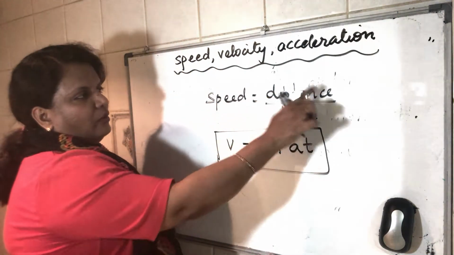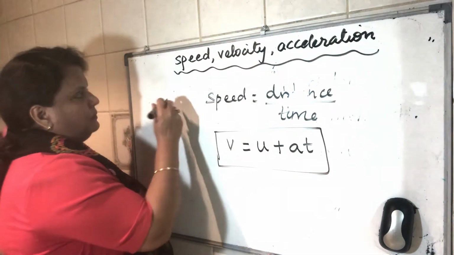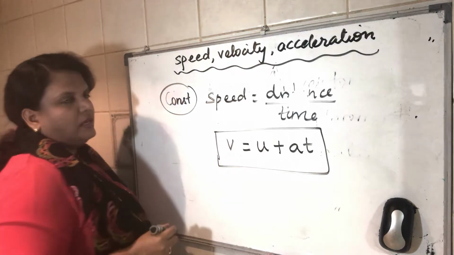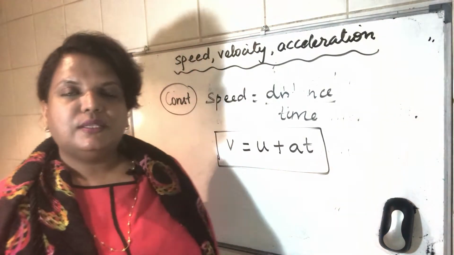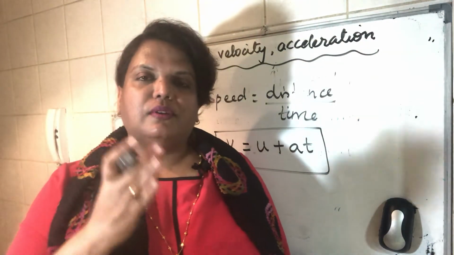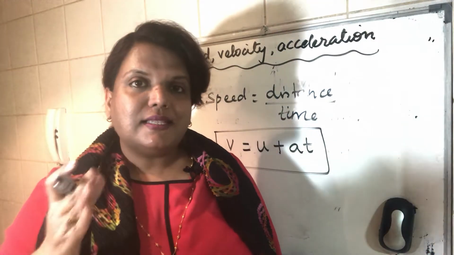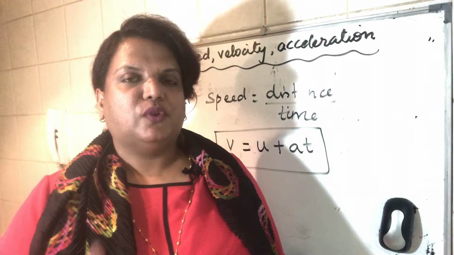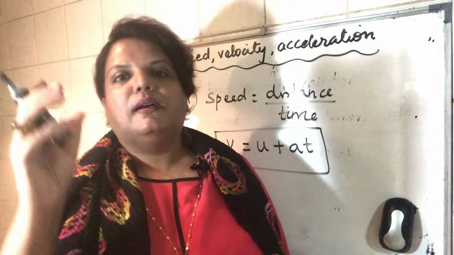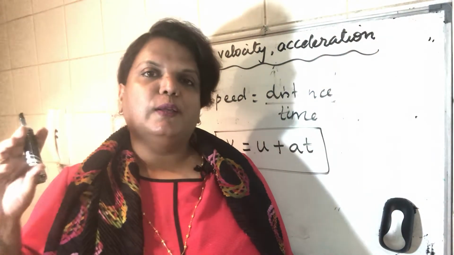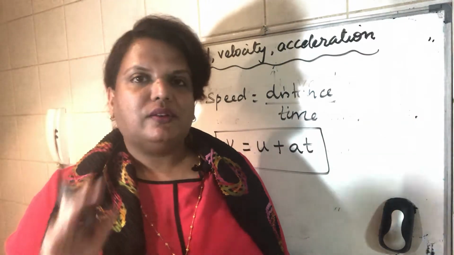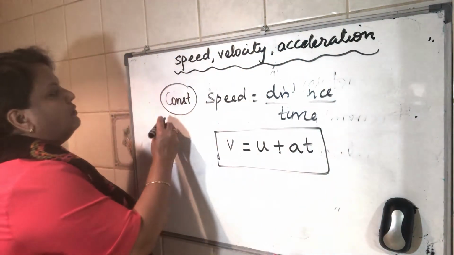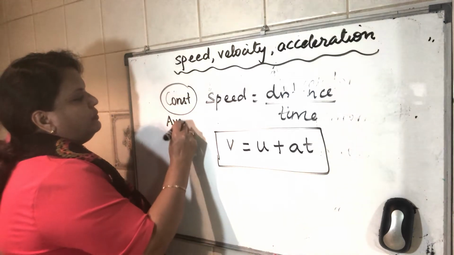Now this formula actually stands for constant speed. If the speed is not changing, if the object is traveling at the same speed throughout a journey, then you will use this formula. So for constant speed, you can use the total distance covered over the total time taken, and you will get the correct answer. There is one more place you will use this formula, for finding the average speed.